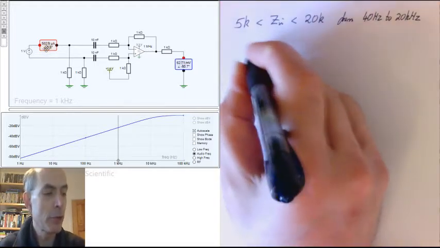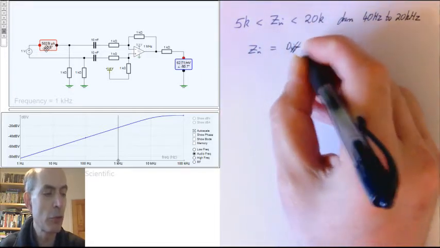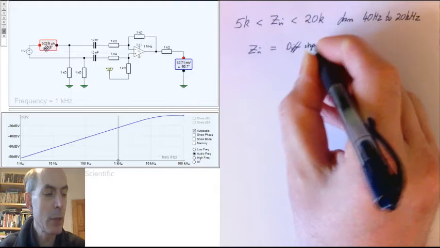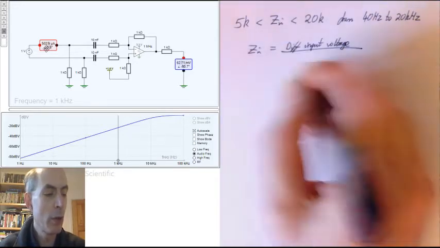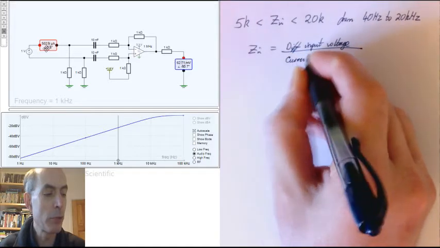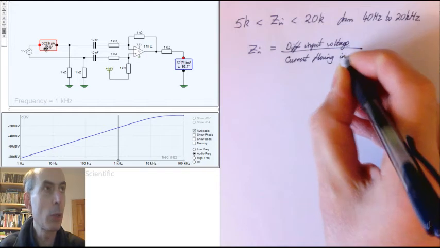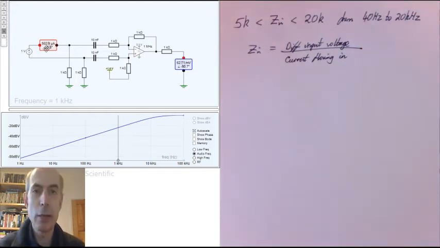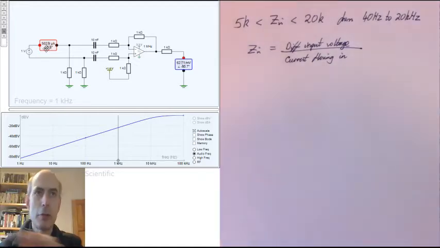Zin, as a reminder, is the differential input voltage divided by the current flowing in to one of the differential inputs. And as we've seen, that will be the same current as is flowing out of the other differential input, because all current has to flow around in these circuits.